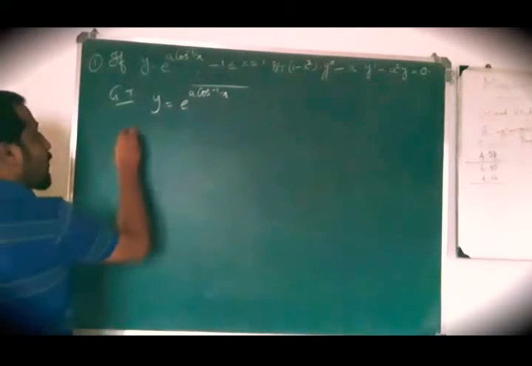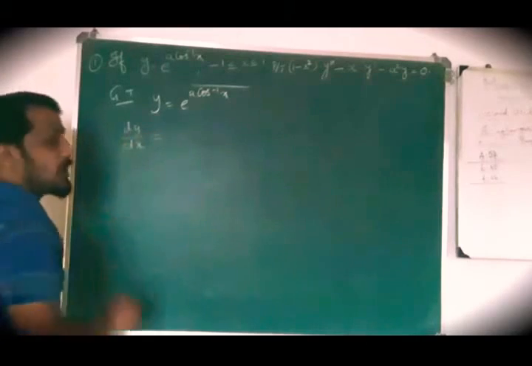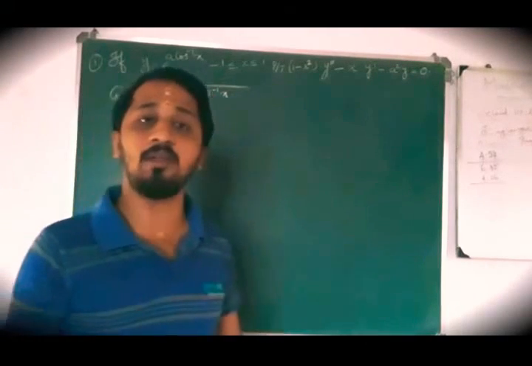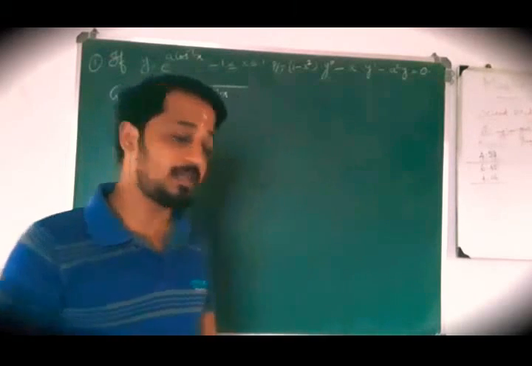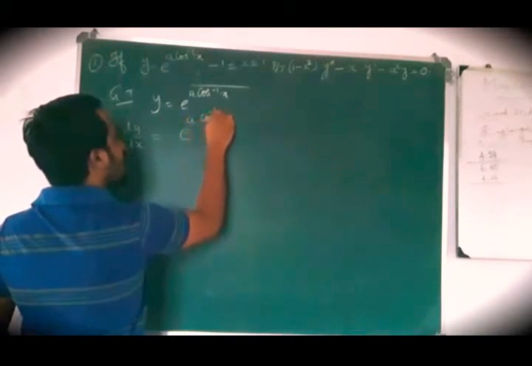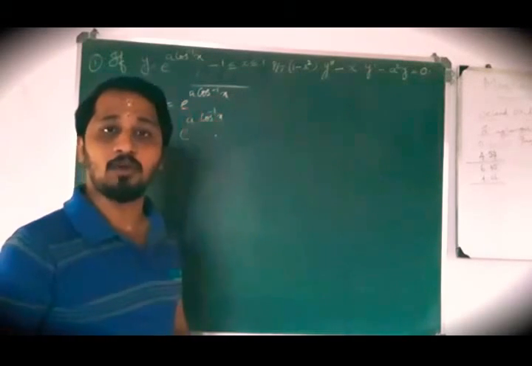For that, first I want to find out dy by dx. So dy by dx is equal to e power a cos inverse x. We know that the derivative of e power x is e power x itself. So e power a cos inverse x into, in place of x I have a into cos inverse x.